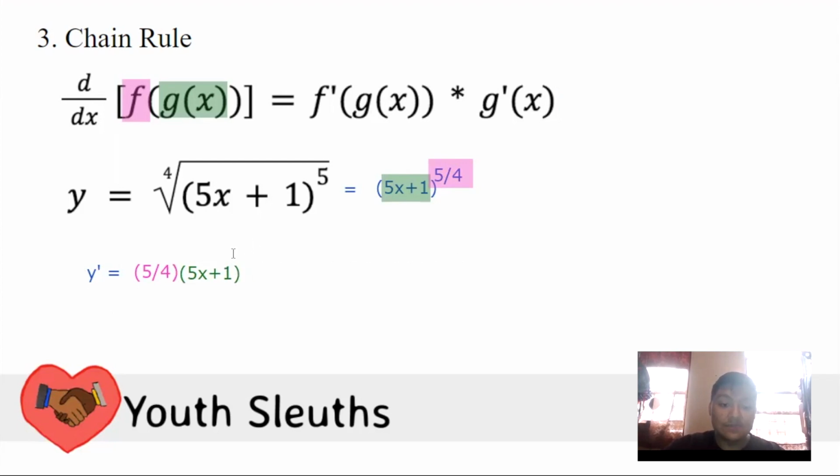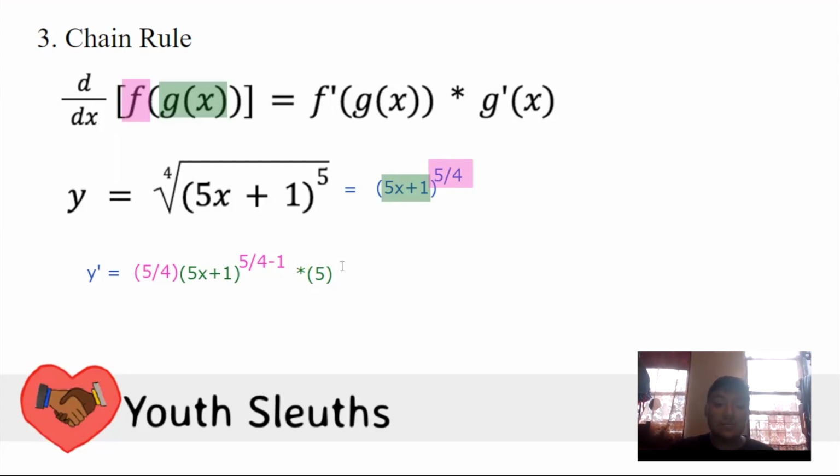And then to the power of 5/4 minus 1. And then the final step that we have to do is that we multiply the derivative of g of x. And if we remember, g of x is 5x plus 1, so the derivative would be 5.